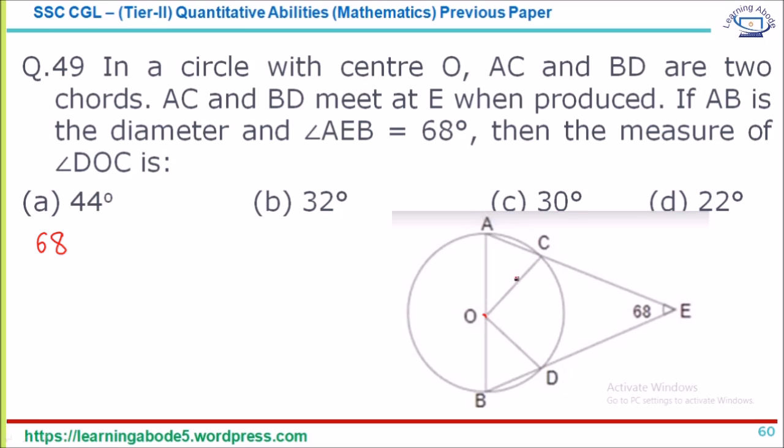Now OC is equal to OD, and these two are in fact the radius of the circle. So OC equal to OD.